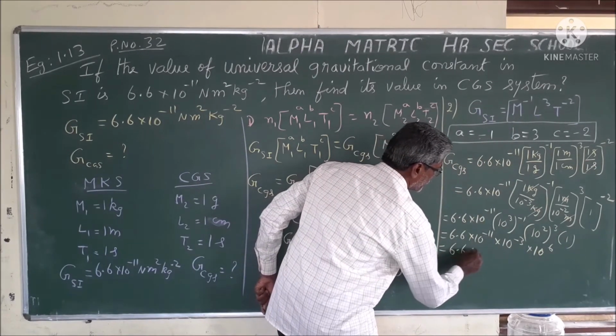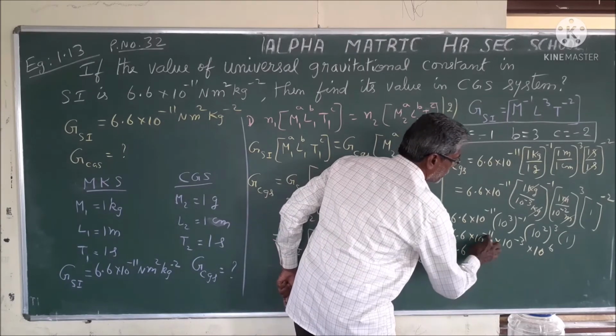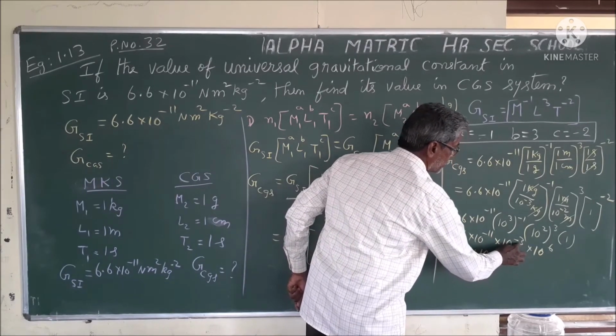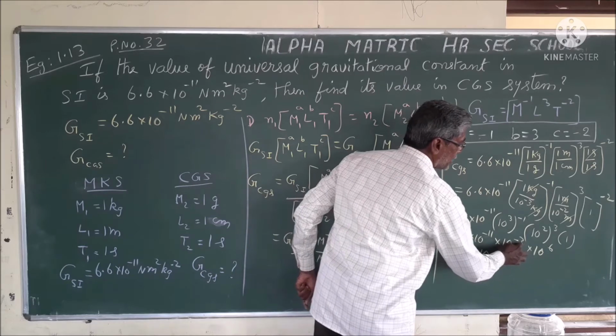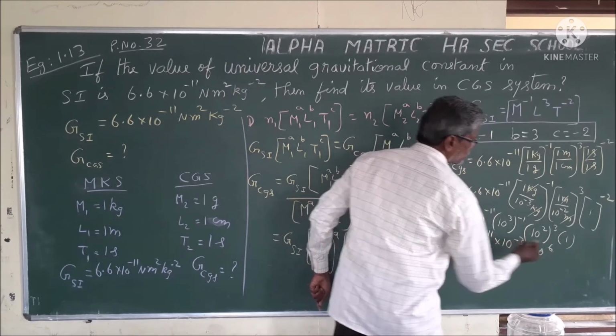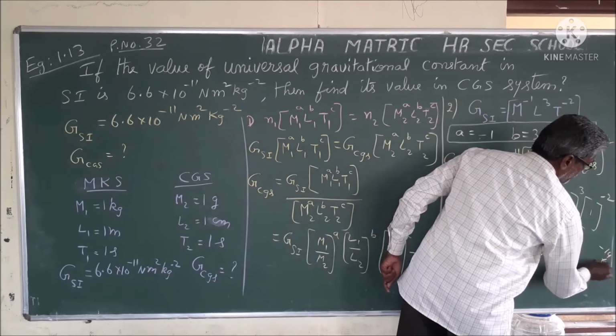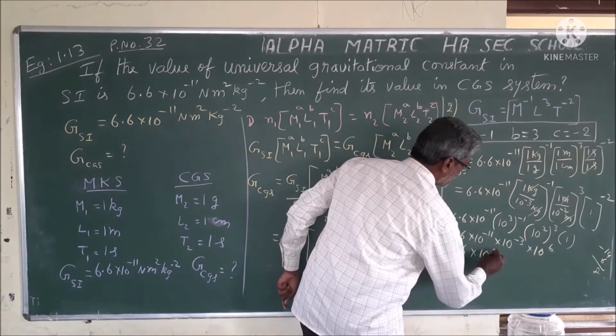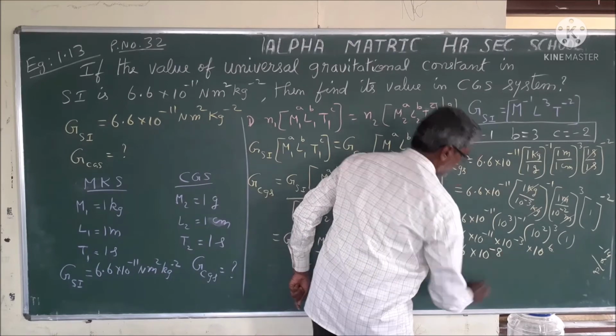That is 6.6 into 10 power minus 11 minus 3. It becomes what? Minus 14. Minus 14 plus 6 becomes minus 8.